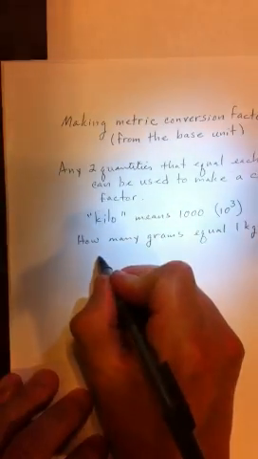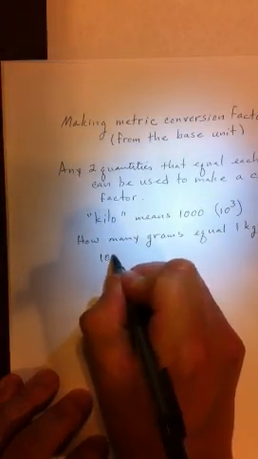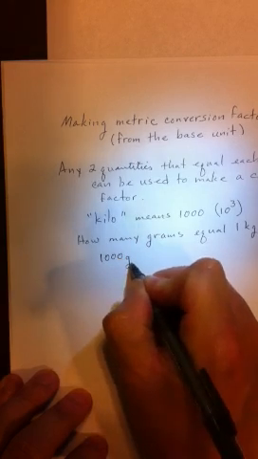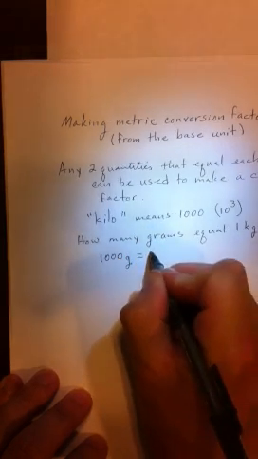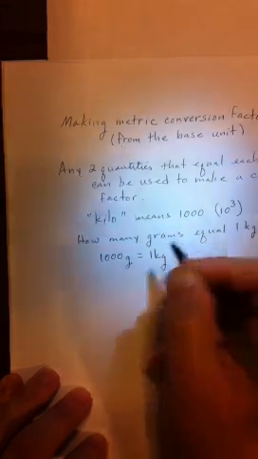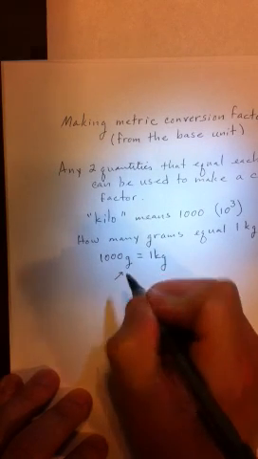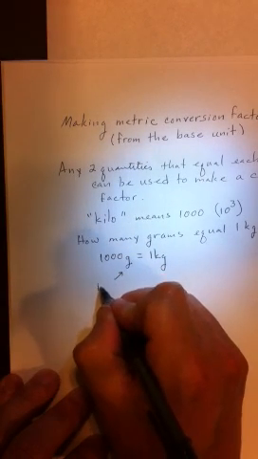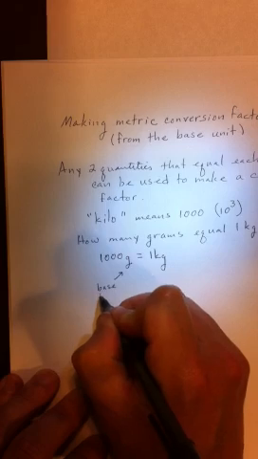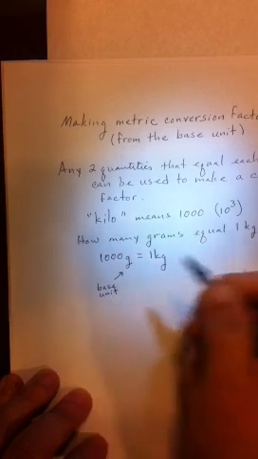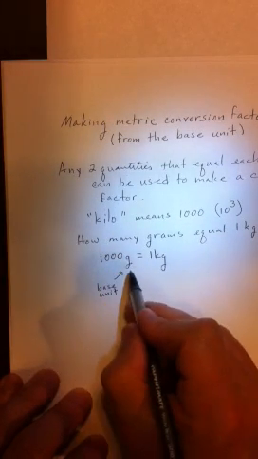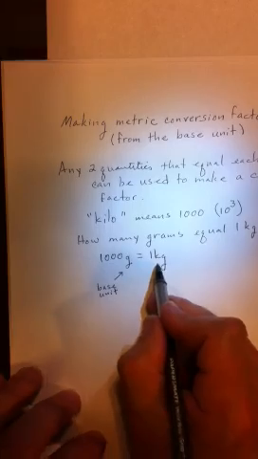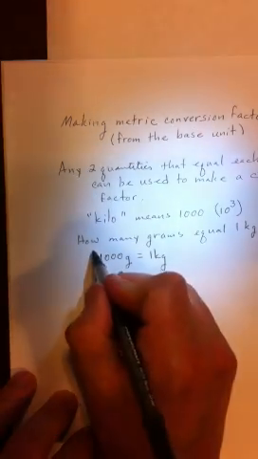So we could write that there are 1,000 grams in a kilogram, or 1,000 grams equals 1 kilogram. Notice that we're using the base unit here. Since kilo means 1,000, we write 1,000 of the base unit in one of those kilograms.